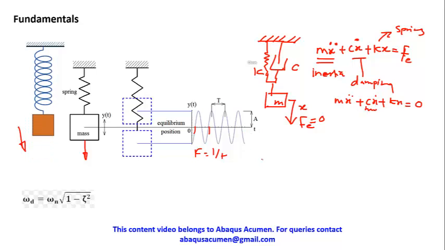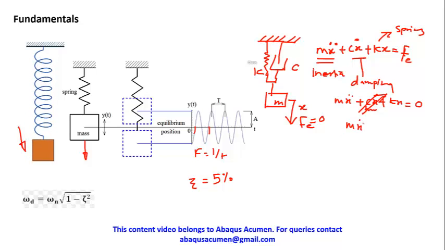Because any structural damping in the world is less than 5%. Unless you have some external damper, you take any system, the damping ratio is 5%. If you take that 5% damping, this amount is negligible, so you can neglect it.